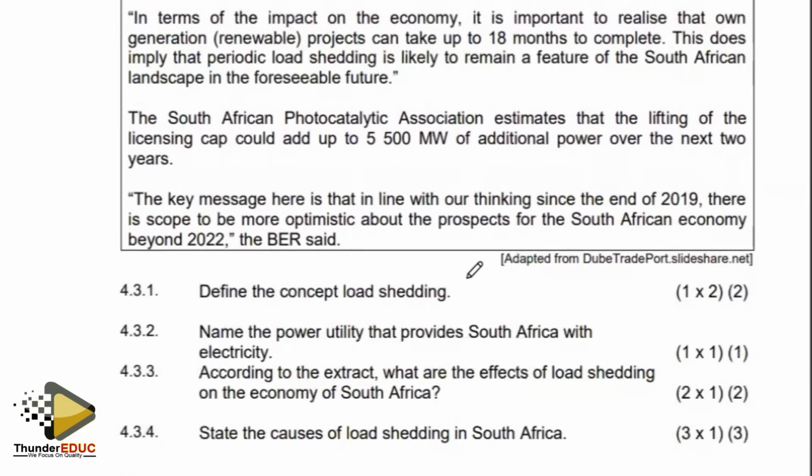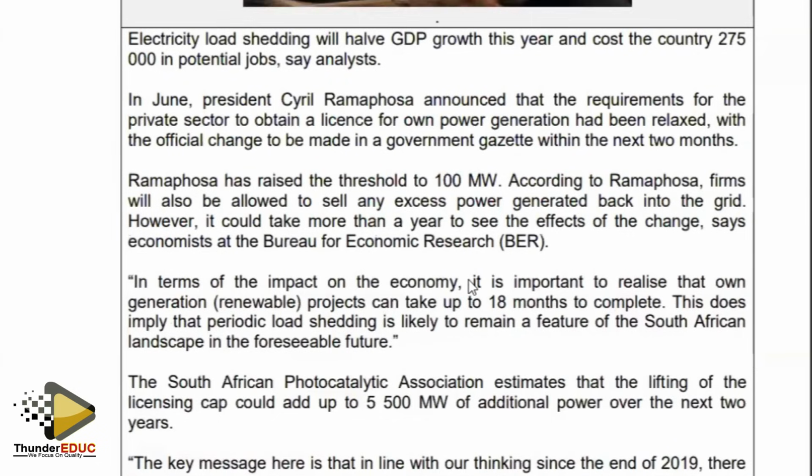You read through the extract and then you define. Our first question is: define the concept load shedding. When you look at our extract, let's see if we have the concept of load shedding.